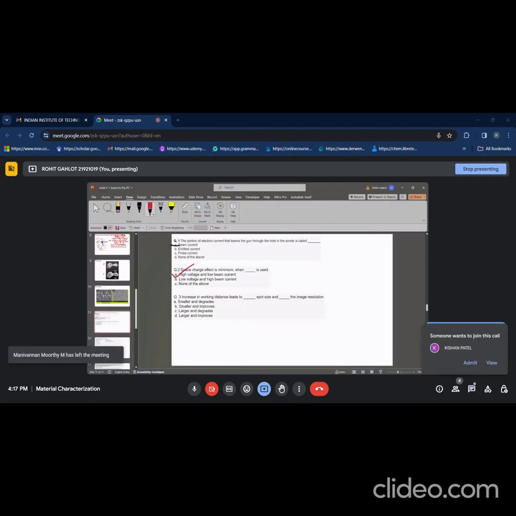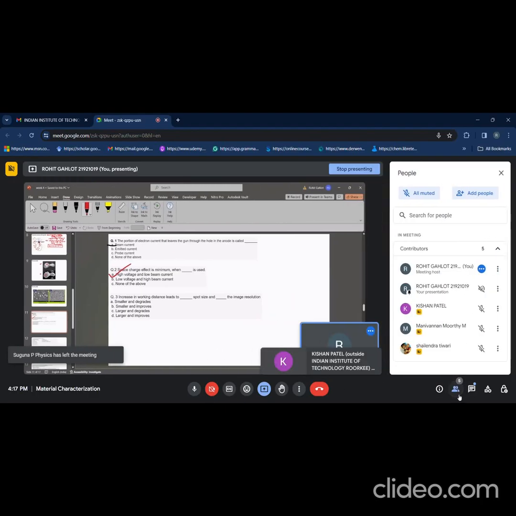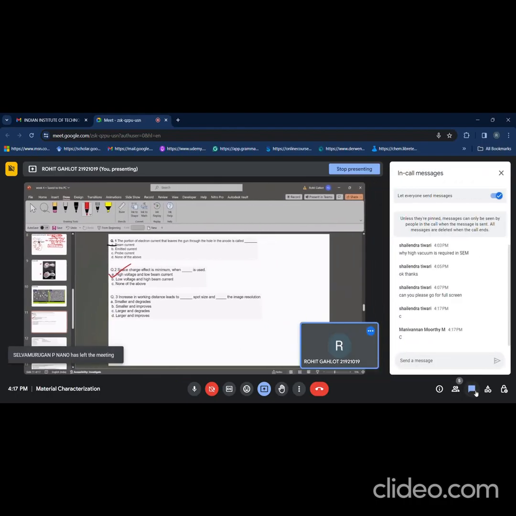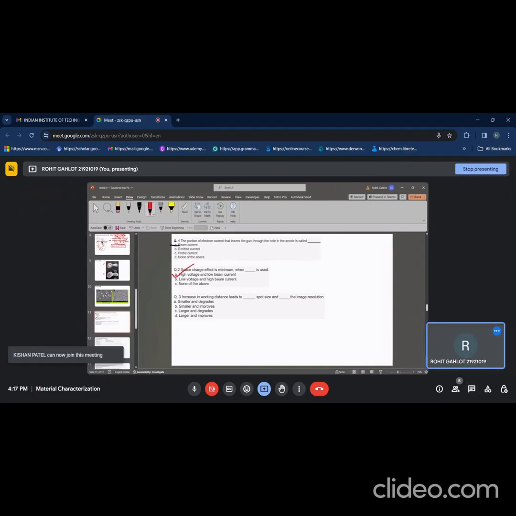So I think it has also been covered. For the space service, if you talk about the space service in general, the increase in your working distance leads to larger spot size, and it degrades the image resolution.